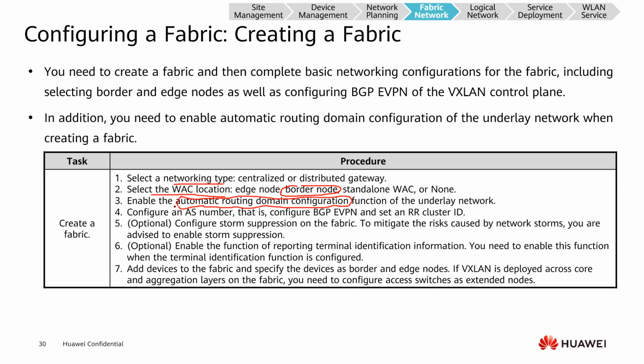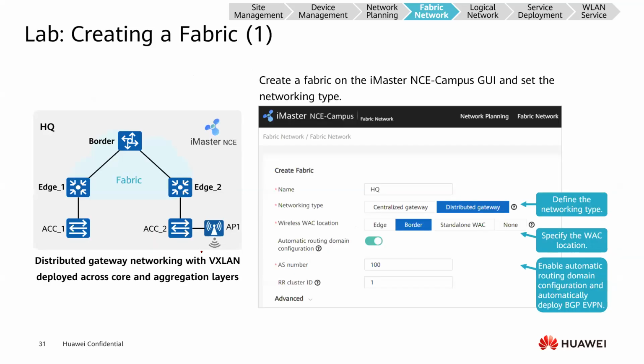That means you want to automatically configure the underlay network by deploying OSPF. And you need to configure the AS number and choose which device is the RR. And as usual, we will choose the border as the RR to reduce the IBGP relationship number. And you can also configure some other extension functions.